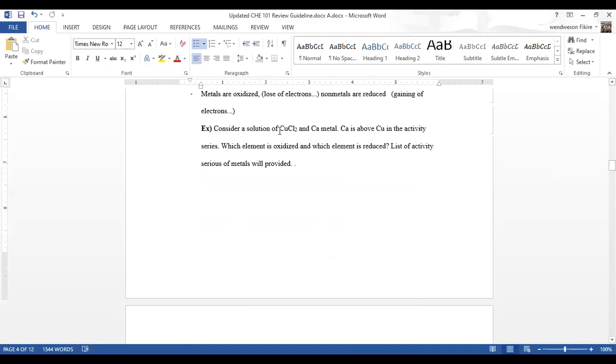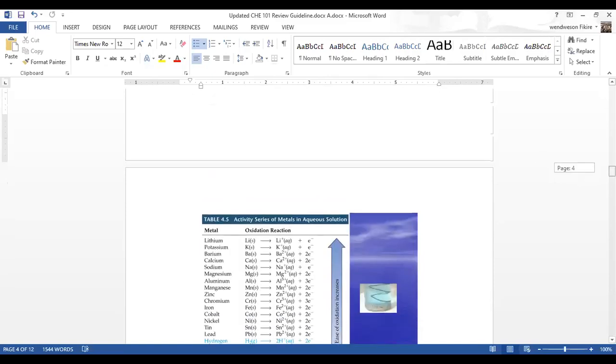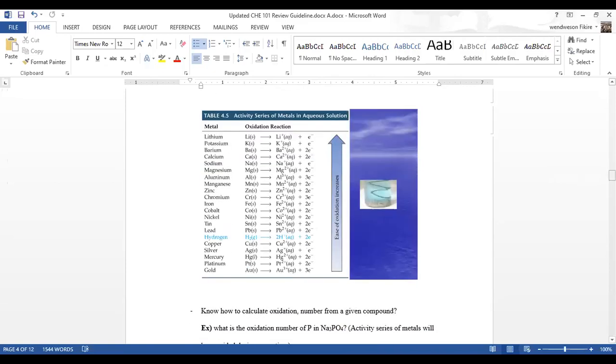By comparing the reaction of copper chloride and calcium metal, you always have to look at the activity series of metals. As you see here, calcium is found here, whereas copper is found below. Any element above is easily oxidized. Any element below resists oxidation.